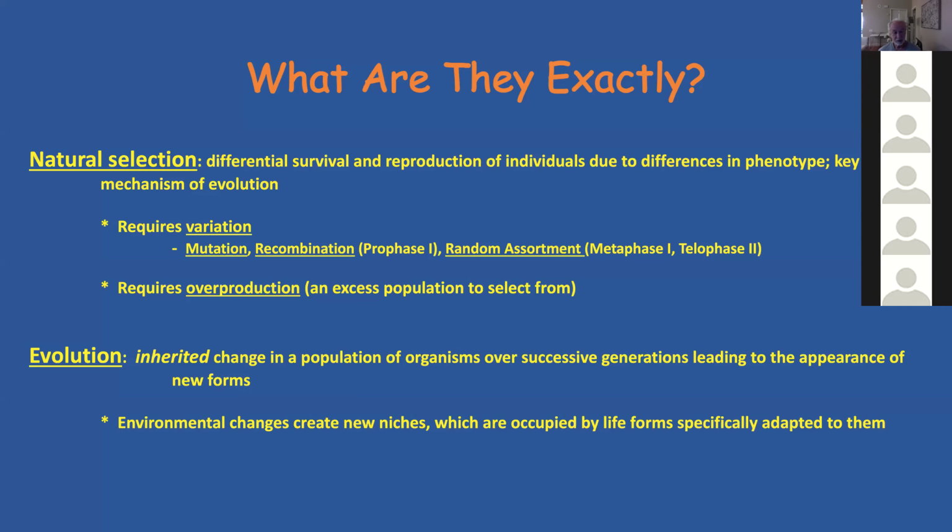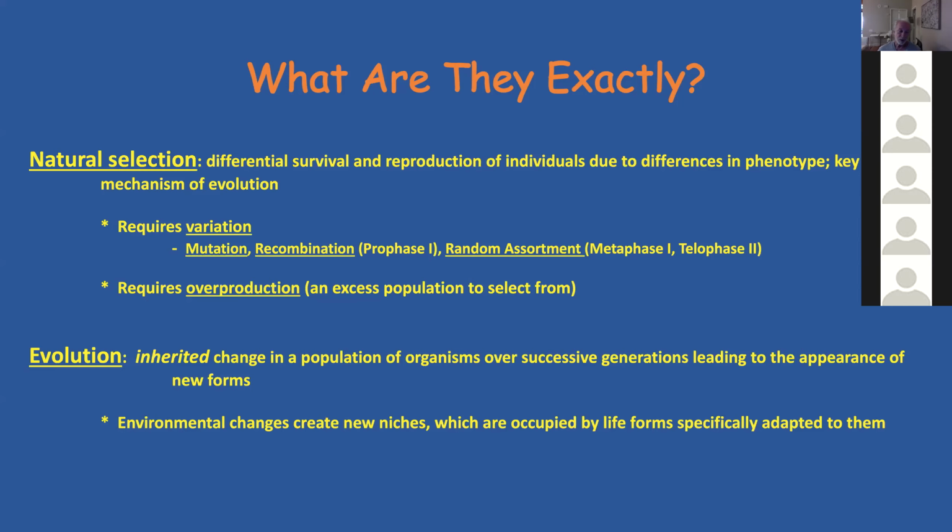The sources of variation are mutation, recombination of genes at prophase 1 of meiosis, and random assortment of chromosomes at metaphase 1 and telophase 2. So make sure that you can make this connection: natural selection, in order to operate, needs variation, and it comes from these three sources primarily.